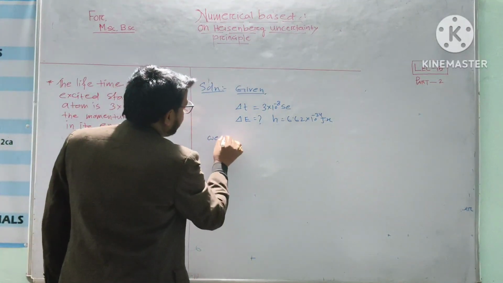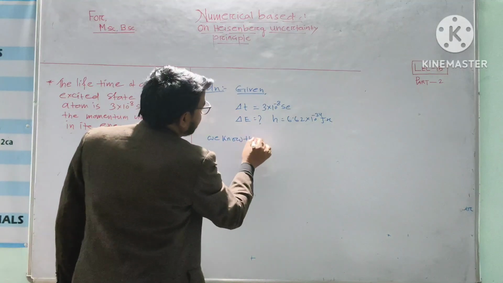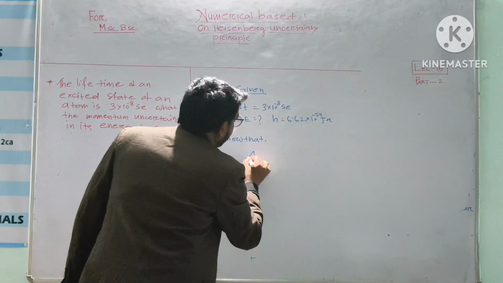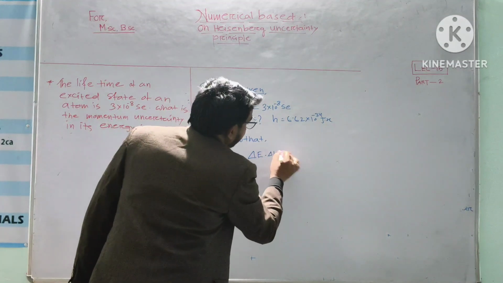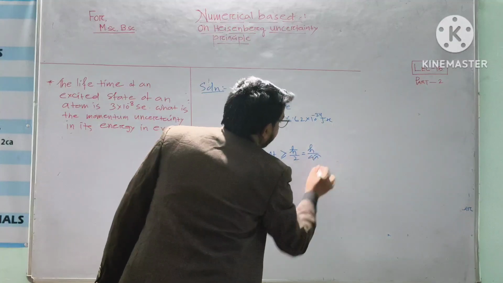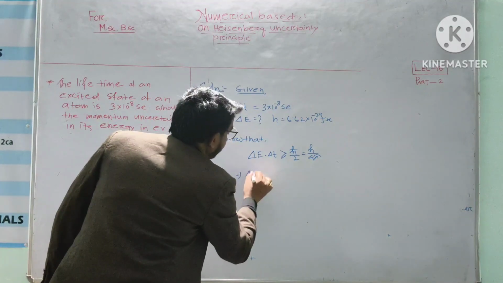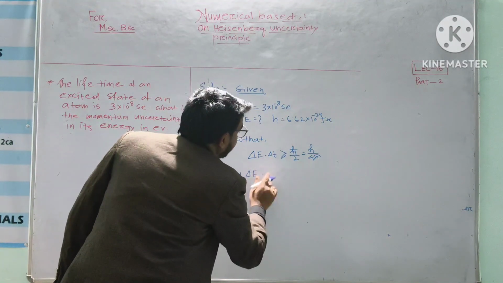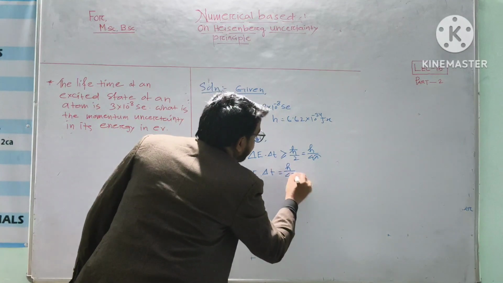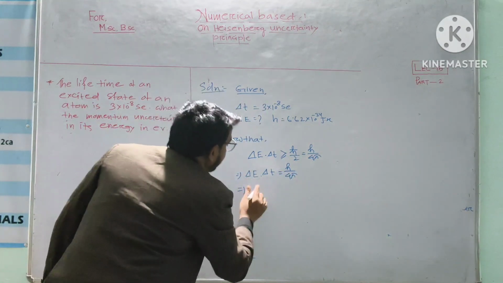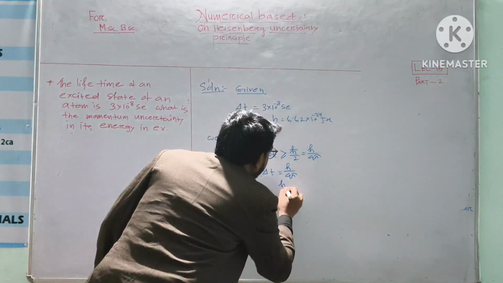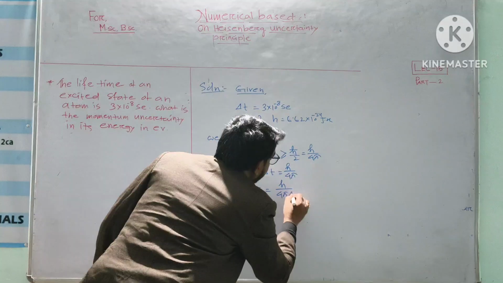We know the Heisenberg uncertainty principle in terms of energy and time: we can write delta E into delta t is greater than or equal to h bar by 2, equal to h by 4 pi. We need to find delta E, which equals h divided by 4 pi into delta t.